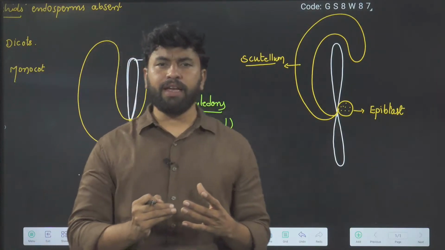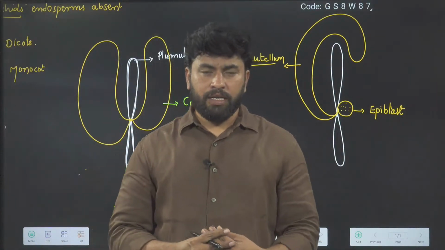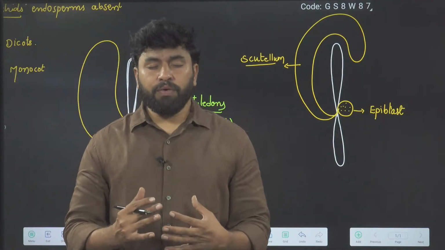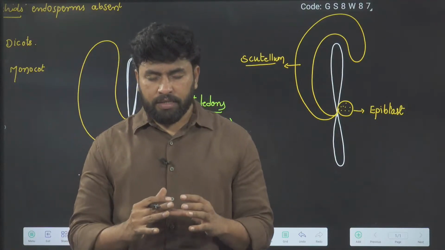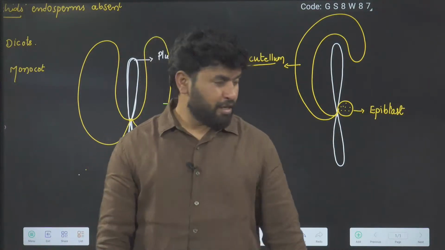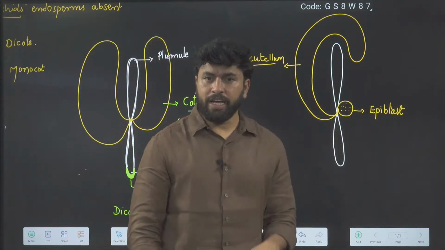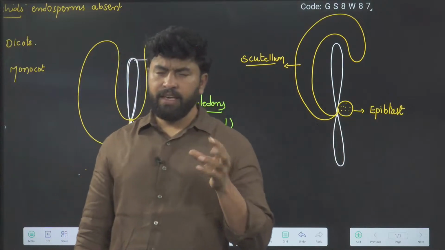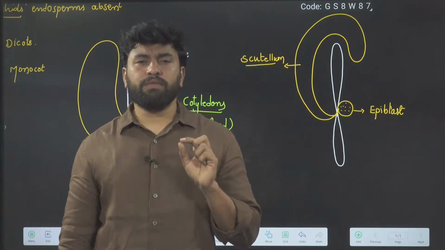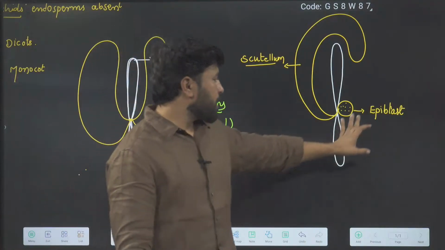If anybody directly asks, does the embryo of monocotyledonous plants have two cotyledons? Generally not, because this one we should not mention as cotyledons, but there is a rudimentary, immature cotyledon, which has been notified as epiblast.